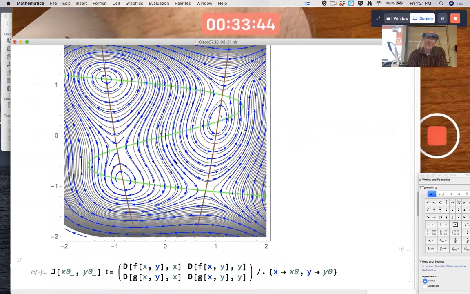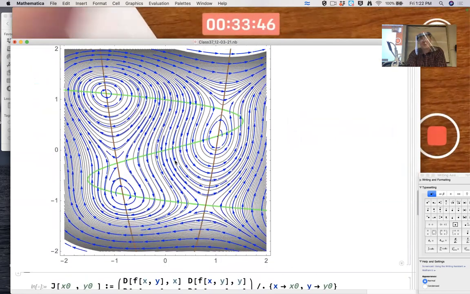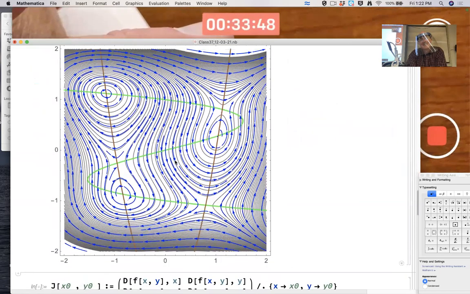The brown one's not too far from vertical. The green one's a bit more far from vertical. Those are the new null lines. They do go to the equilibrium points. The system still is Hamiltonian, so the solution curves are still on top of the Hamiltonian function's level curves.